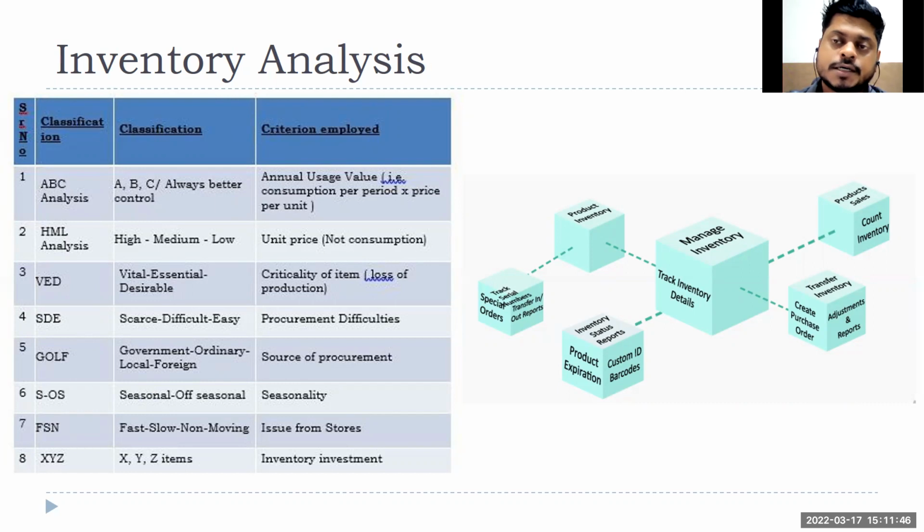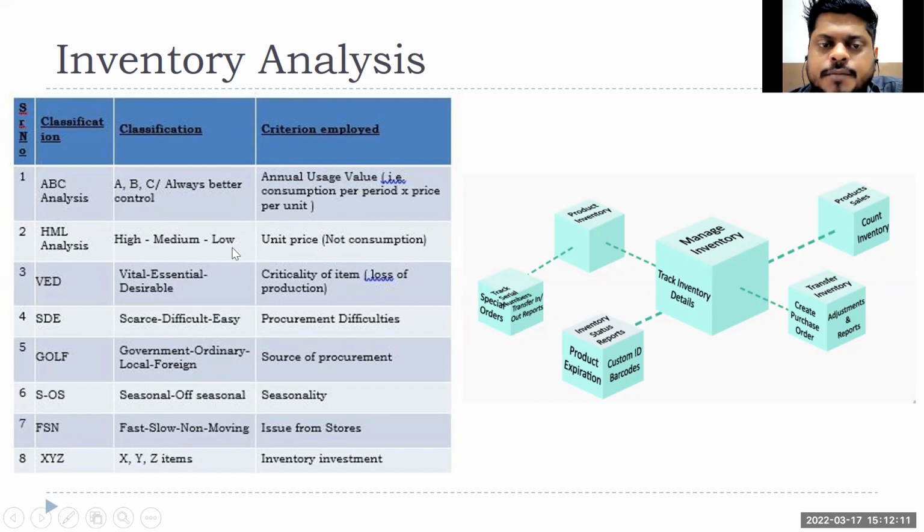So in that case the annual value will be more for the engine, followed by maybe the tires, 5 tires per car. This is what you have to calculate to find out what kind of inventory control policy you want to keep for each. ABC policy is about annual usage value: the total quantity multiplied by the price of that unit.